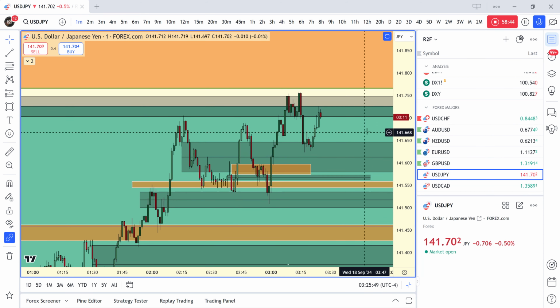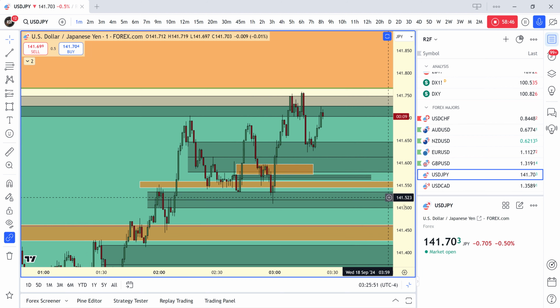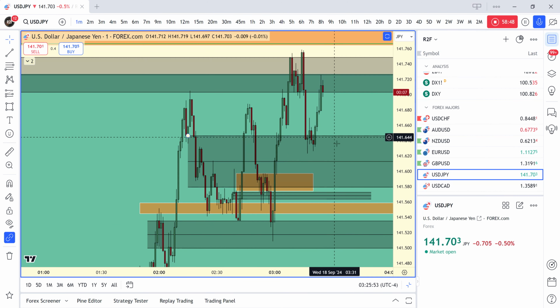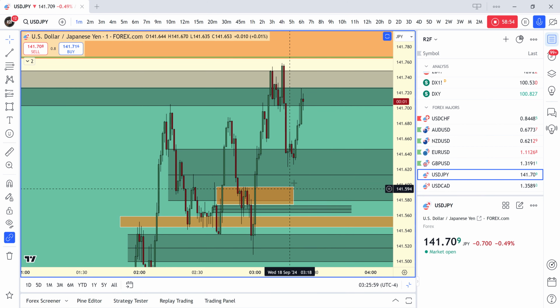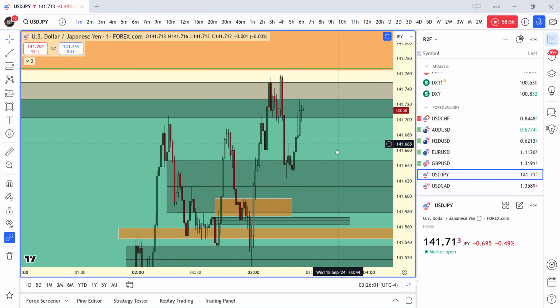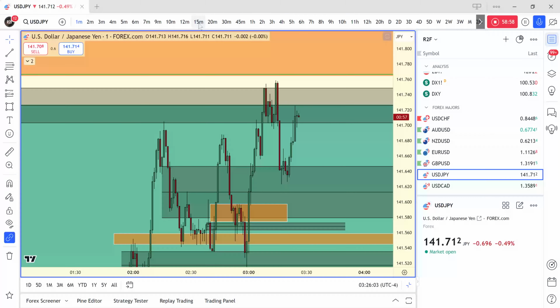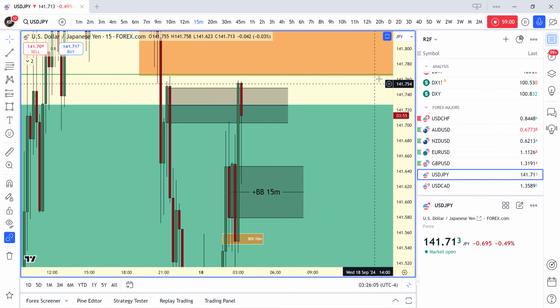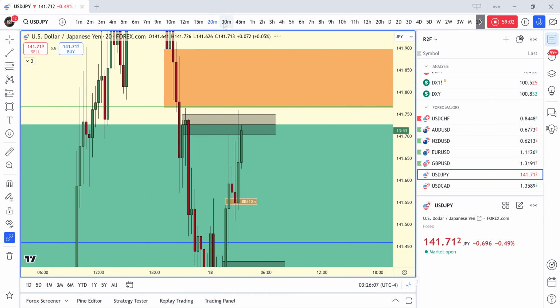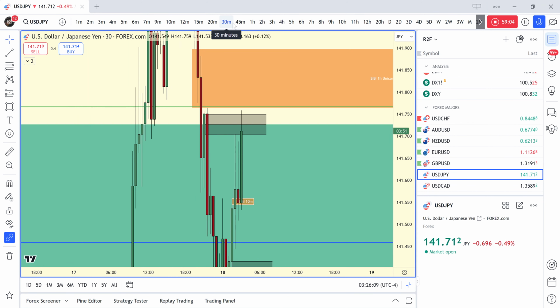If it goes into there, if it comes below this low, then still could come. But then I'd probably close the video. 20-minute, 30-minute, and 3 minutes.